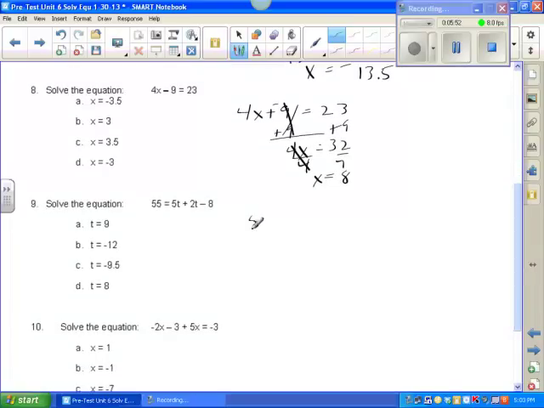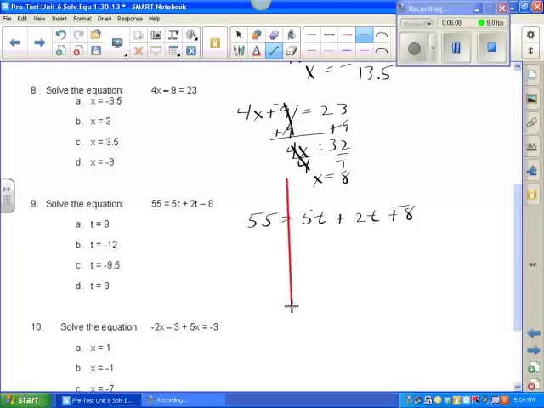Okay, number 9, solve the equation. So I have 55 equals 5t plus 2t minus 8. So I'll do my same change opposite. No distributive property, but I do have combining like terms. Remember our checking. We can't cross that barrier. Okay, but on this side I have 3 terms, and obviously I have t's and t's, so I can add them up.